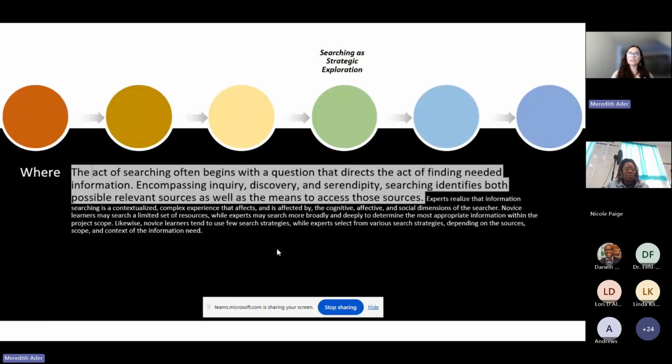Where, searching as strategic exploration, answers the question, where do I want my research to land? The act of searching often begins with a question that directs the act of finding needed information. Encompassing inquiry, discovery, serendipity, searching identifies both possible relevant sources as well as the means to access those sources.